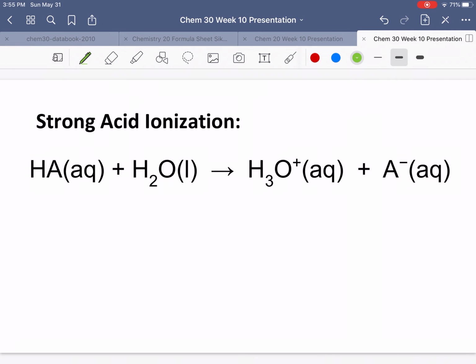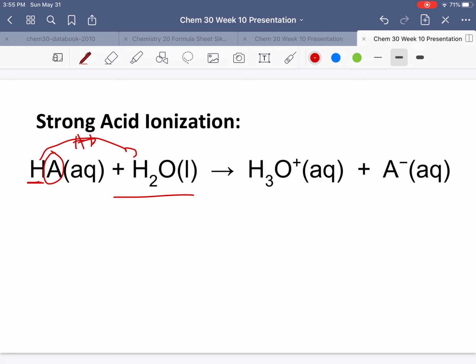Imagine then this would be a generic reaction for a strong acid, a generic ionization, if you will. Now, we write H, of course, to be the hydrogen that has to be there. A would be whatever the hydrogen is with. For example, hydrochloric acid, H is the H, Cl would be the A. In every situation, it's reacting with water, and in every situation, one proton will transfer, one proton, right?